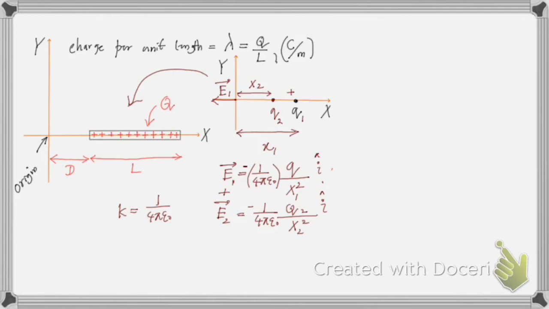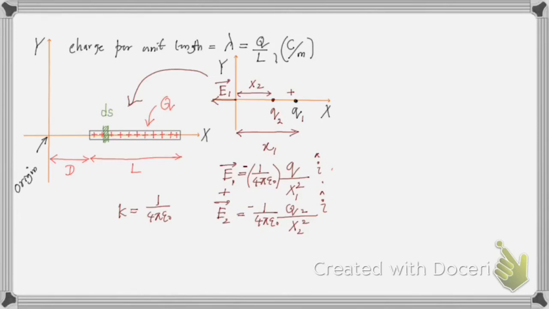Now how do we find the electric field? So the trick is we're going to consider a small segment or small element of this charged rod, and this is the element that I'm going to consider, and the length of that element is ds.